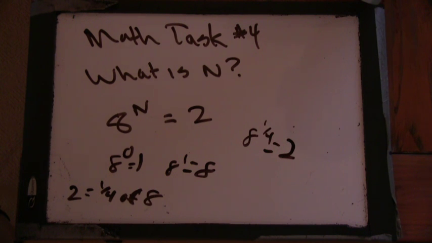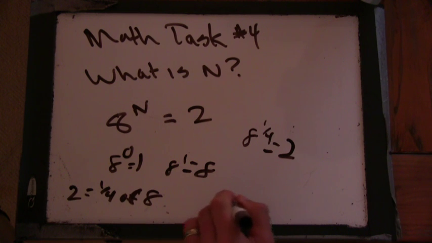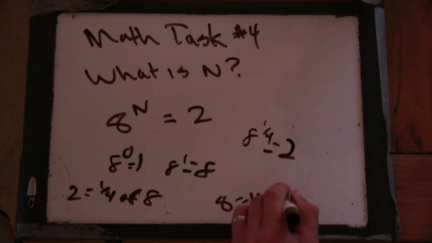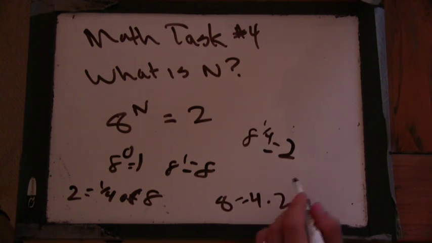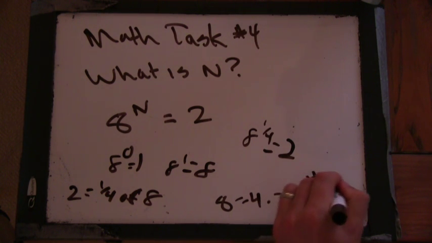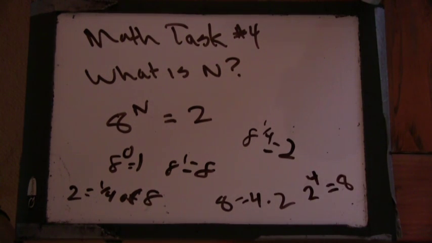Well, let's see. 8 equals 4 times 2, right? So does that mean that 2 to the 4th equals 8? No. 2 to the 3rd equals 8. Okay.